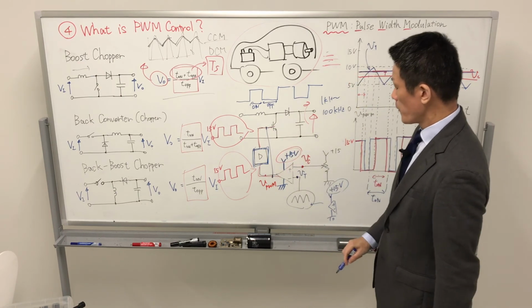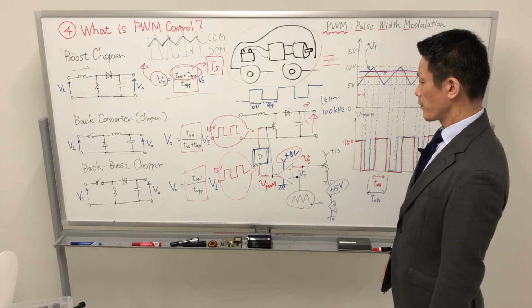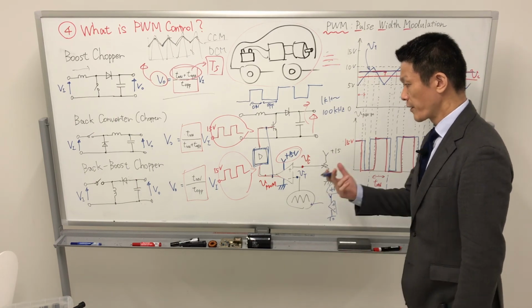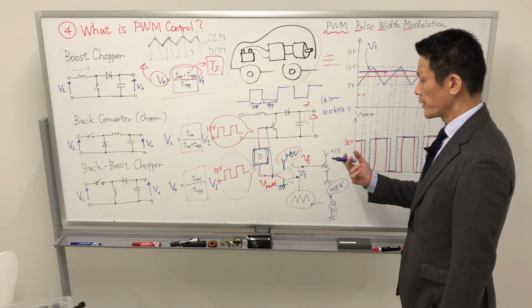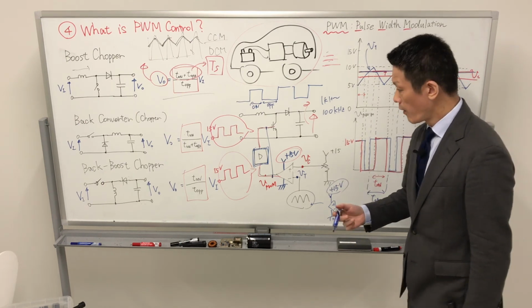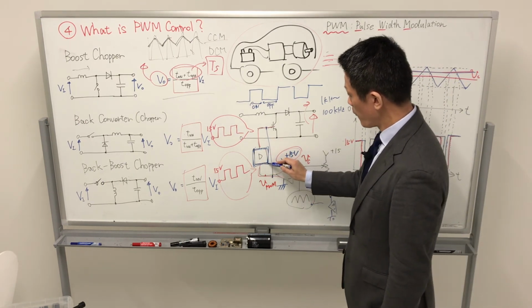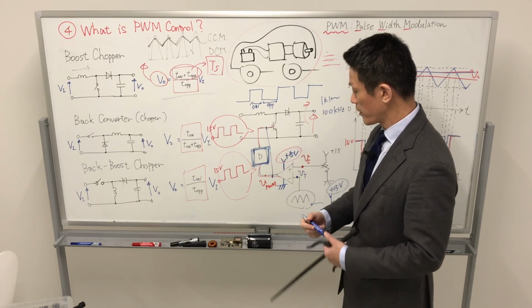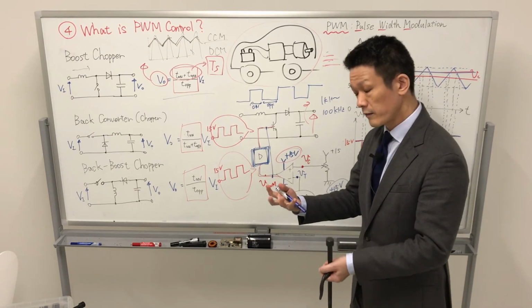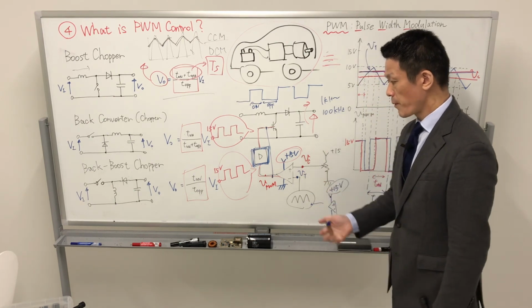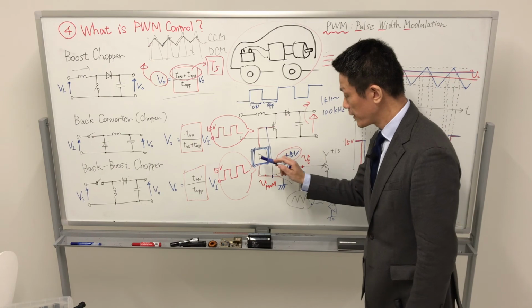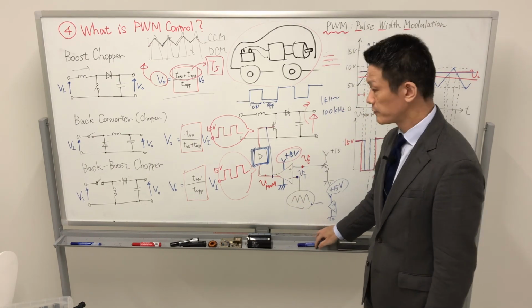We may think it's okay, but that is not okay. We must prepare this gate drive circuit. Why? In the next step, we will discuss why we require this gate drive circuit.